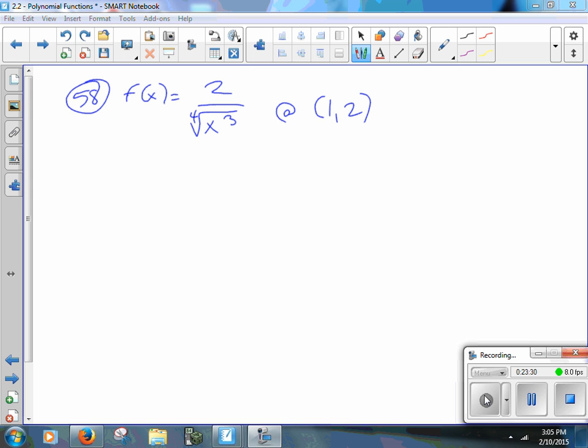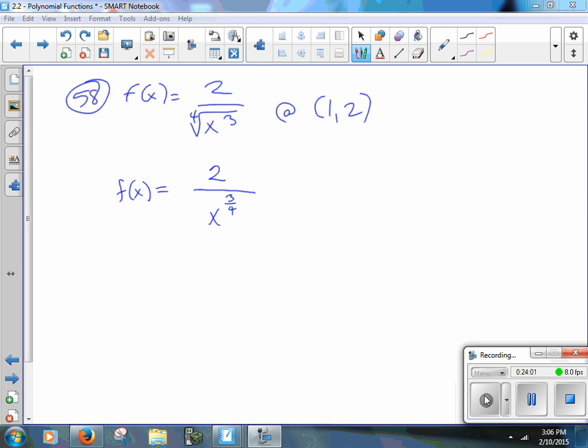Okay, now, can I use the power rule on that problem written the way it's written? Can't you simplify and make the x to the 3/4?